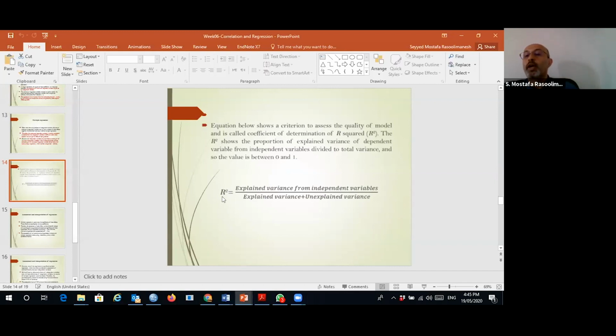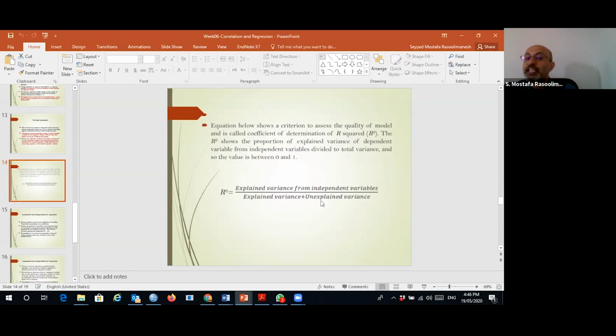When the R square is high, it means the error term or variance of error is very low, right? So when R square is high, the numerator is high and close to the denominator. Here is close to here. The unexplained variance that comes from error is very low. So R square is very close to 1.